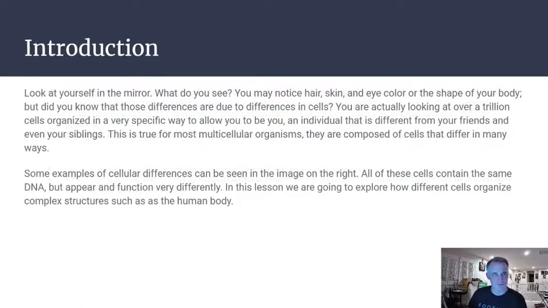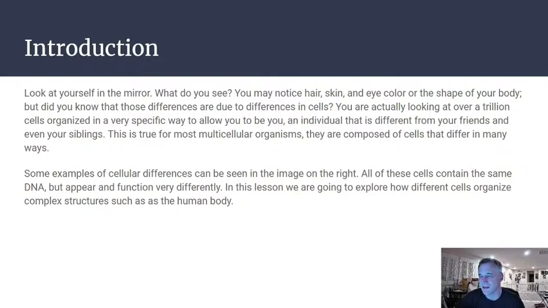All right, so let's start off with an introduction. If you're looking at yourself in a mirror, what do you see? You see hair and eyes and skin and different things about your body, etc. But the differences that you see are differences in cells, right?